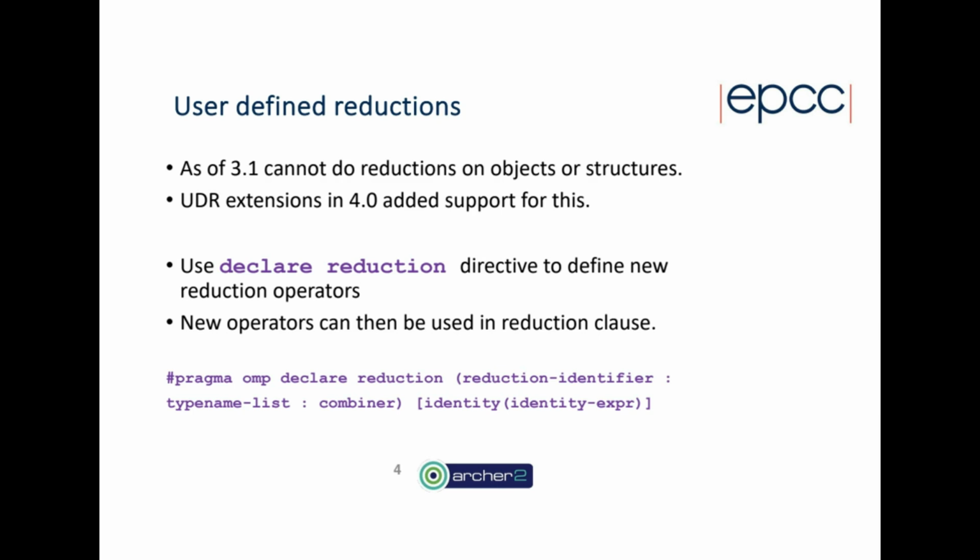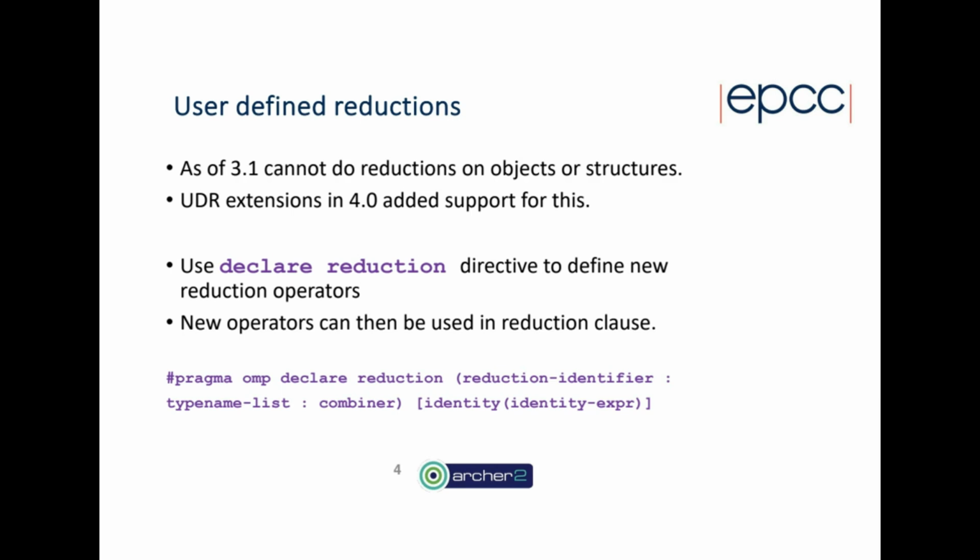So the syntax looks like this. It's #pragma omp declare reduction, or in Fortran, !$omp declare reduction. Then we have the reduction identifier. That's the name you're going to use as the operator in the reduction clause itself. Then a list of types to which the reduction can be applied. And then a code fragment which tells the runtime how to combine two elements of this type in order to form the reduction.